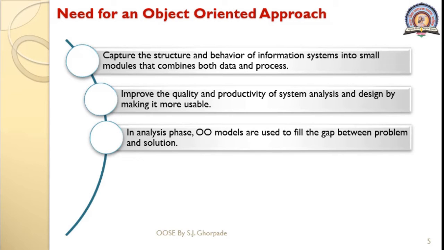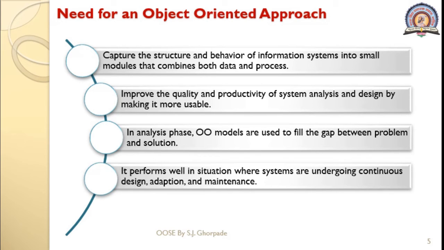Then in the analysis phase, object oriented models are used to fill the gap between the problem and a solution. In the previous example, we saw a problem domain with Ketan and different entities moving around that person, and we represented that in a conceptual model. So in the analysis phase, object oriented models are used to fill the gap between the problem and its solution.